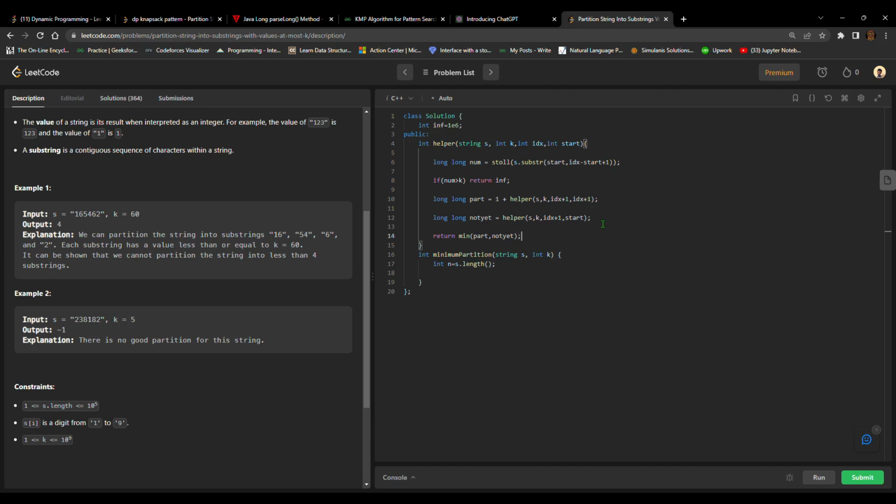And dealing with our base condition, what a base condition would really say, if my idx is greater than or equal to s dot length, then in that condition return a 1, because we have completed traversing the whole of the string.